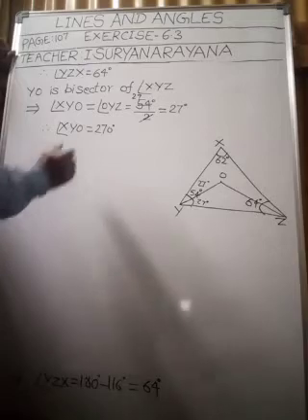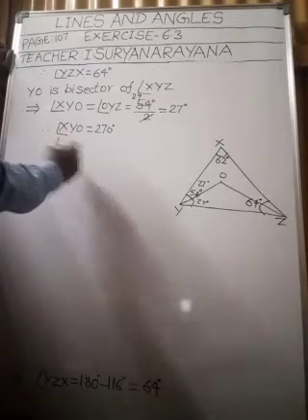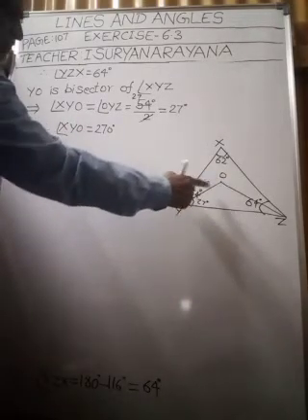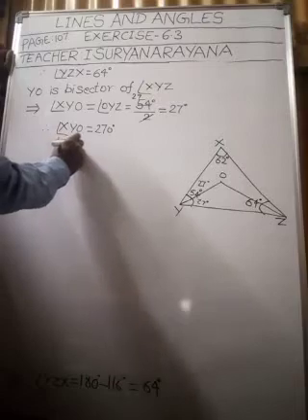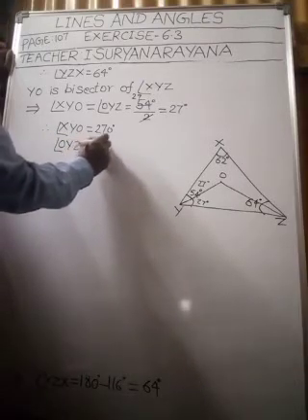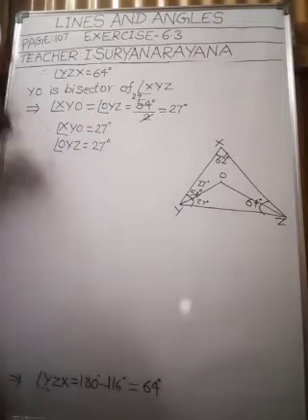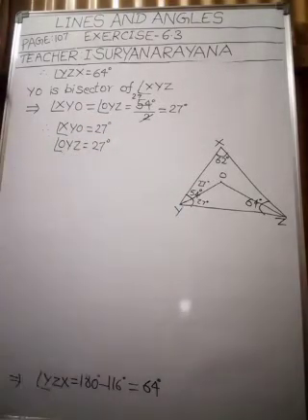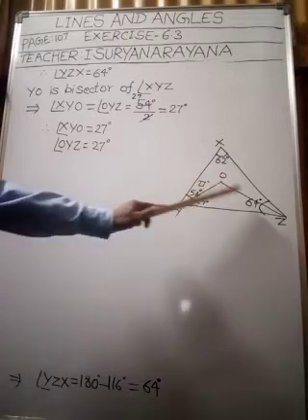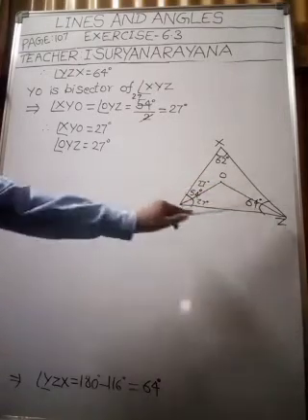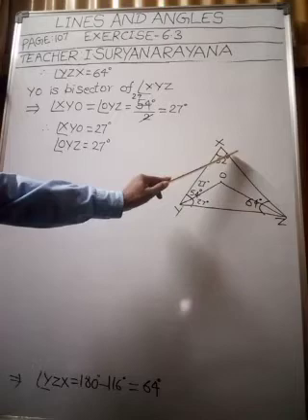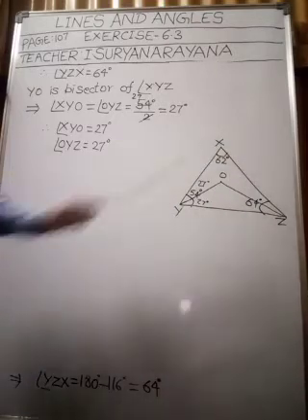Down this angle also 27. Angle OYZ is 27 degrees. Understood this step, my children? Right. Similarly, here ZO is a bisector of angle YZX.